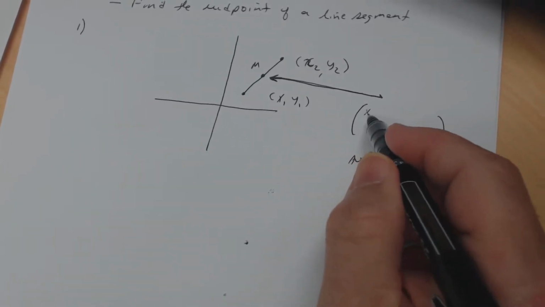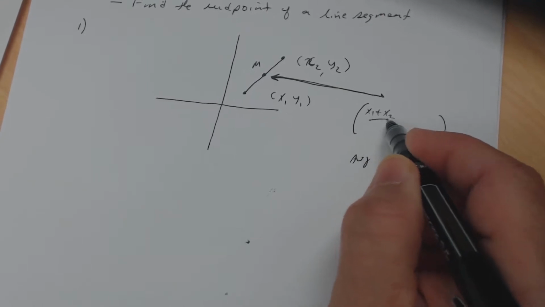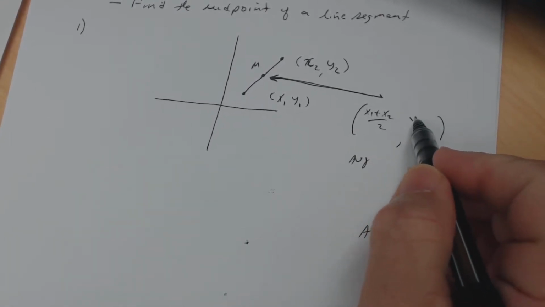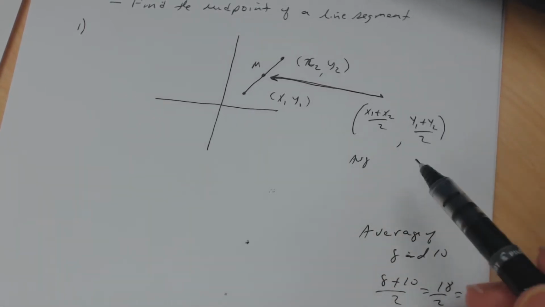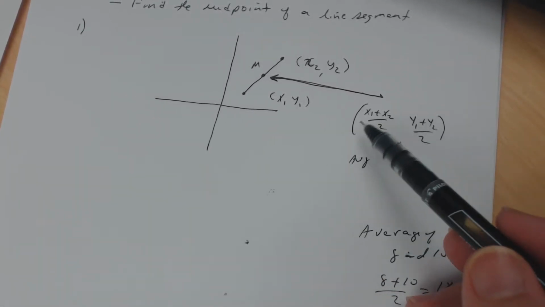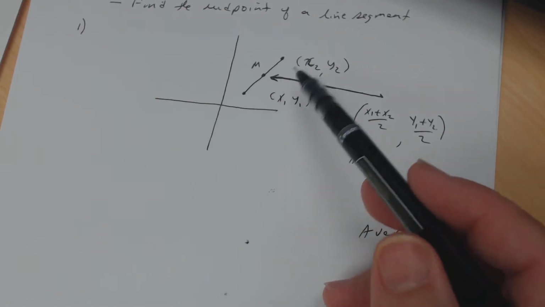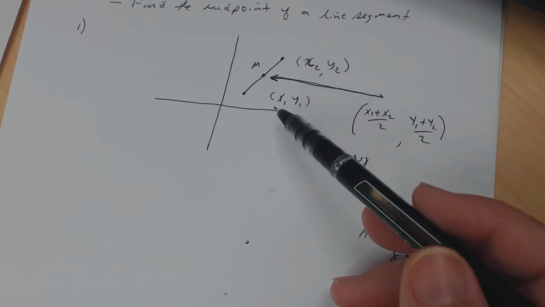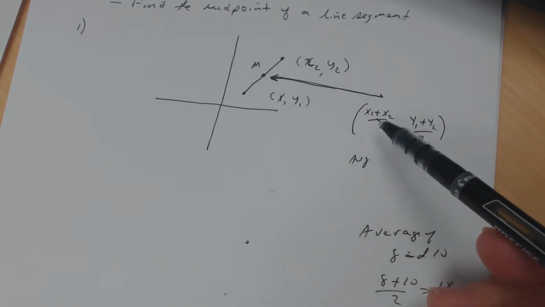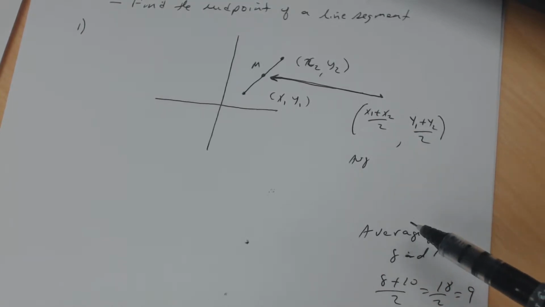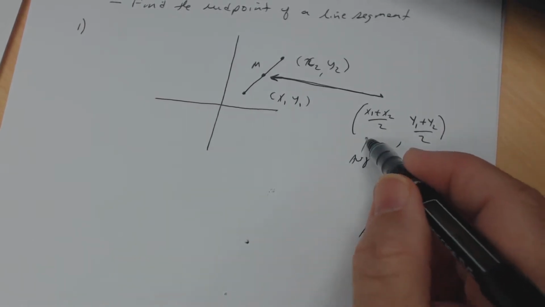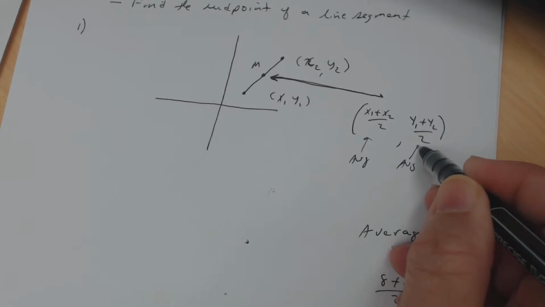You can say x1 plus x2 divided by 2, and then y1 plus y2 divided by 2. Now don't confuse that with the distance formula. Remember, in the distance formula, you subtracted the coordinates. Here you're going to add the x-coordinates, and you're going to add the y-coordinates. Okay? And remember, that's how you find the average. So think of this as the average.